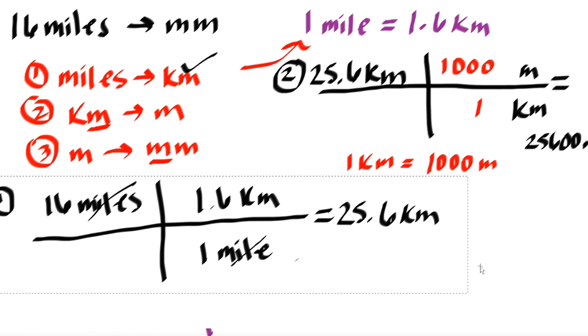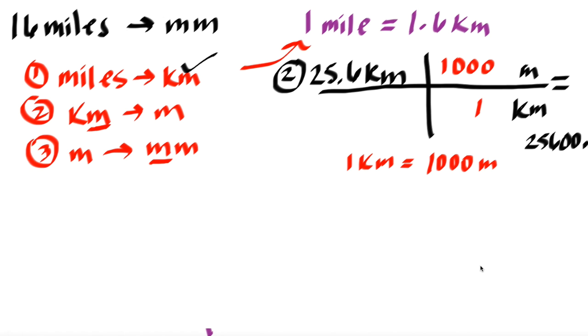I'm just going to delete this part here. We're going to go here and we'll say part 3, 25,600 meters. And so we've done that. We went kilometers to meters. So kilometers cancels out kilometers, leaving you with the unit of meters.